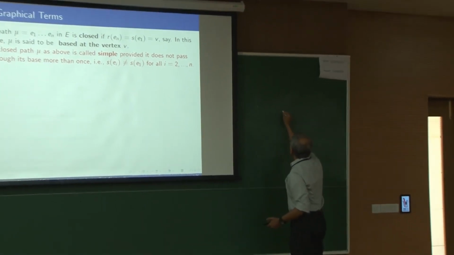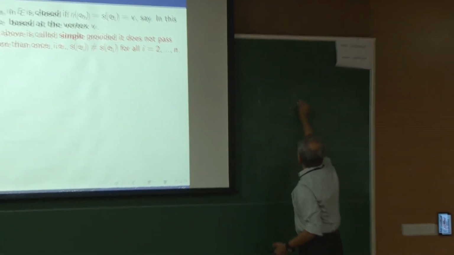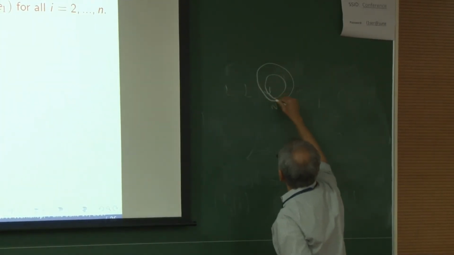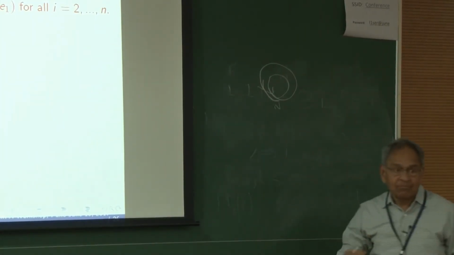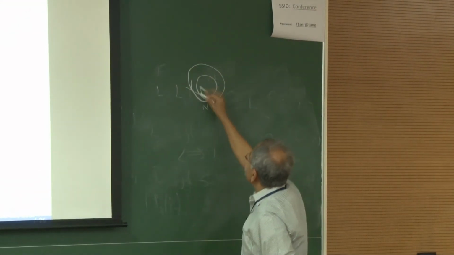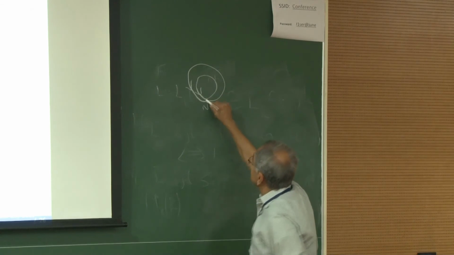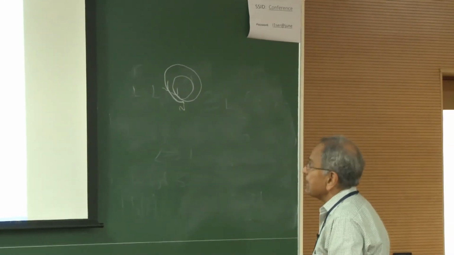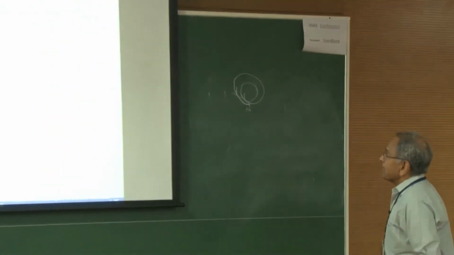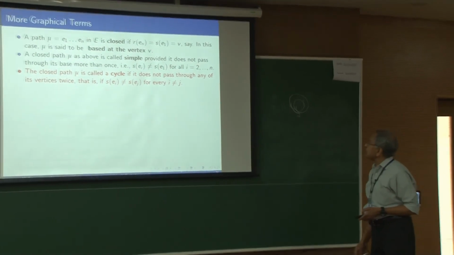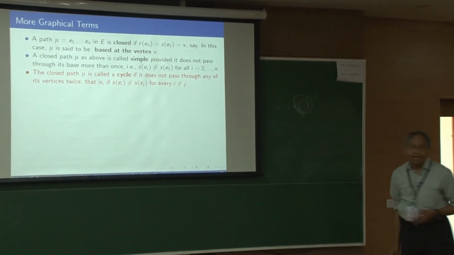See, for instance, I have a vertex v, and if I have one more loop like that, this is not simple. Think of the path as going through this and then going through that, passing through the same vertex, the beginning vertex. So it is not simple. And a path is said to be a cycle if it does not pass through any of the vertices twice.